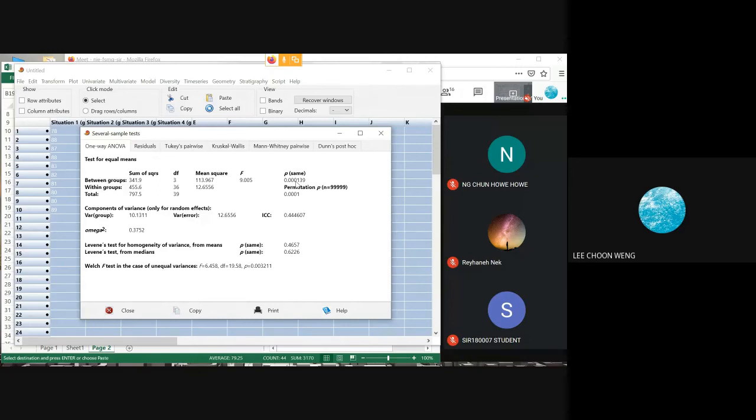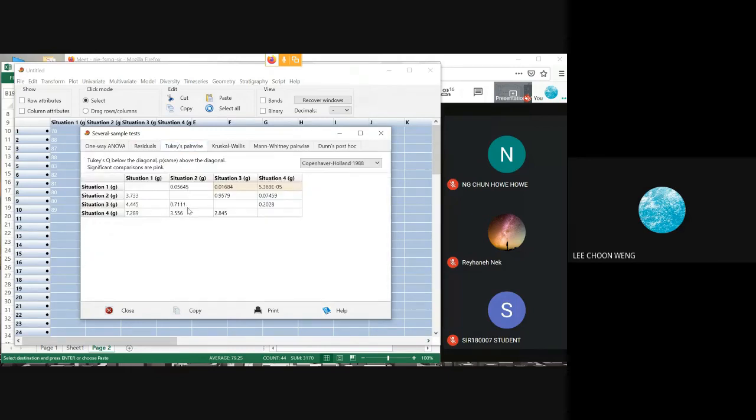Okay, so the results from PAST are the same as the results from Excel. However, if you look here, you have Tukey's pairwise. Okay, Tukey's pairwise comparison will show you which one is different. Okay, so that gives your data, your analysis more value. ANOVA says there's a difference, but it doesn't tell you which one is different.